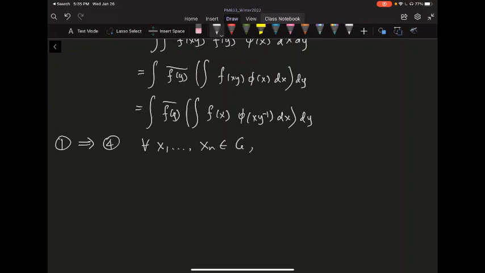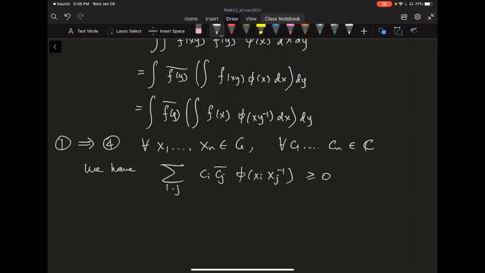In other words, if I take any c1 up to cn in the complex numbers, then this double summation over i and j from 1 to n of ci cj bar phi of xi xj inverse is going to be greater than or equal to 0.